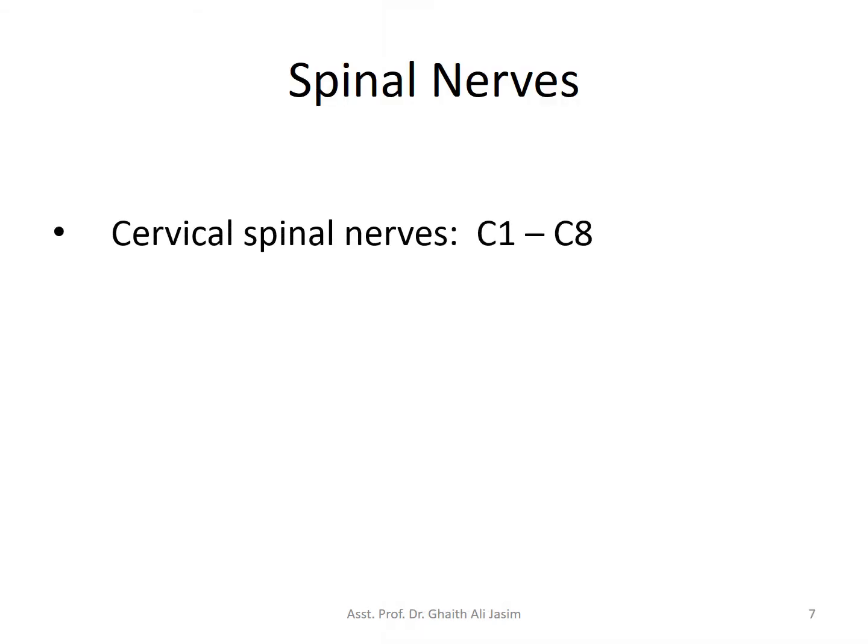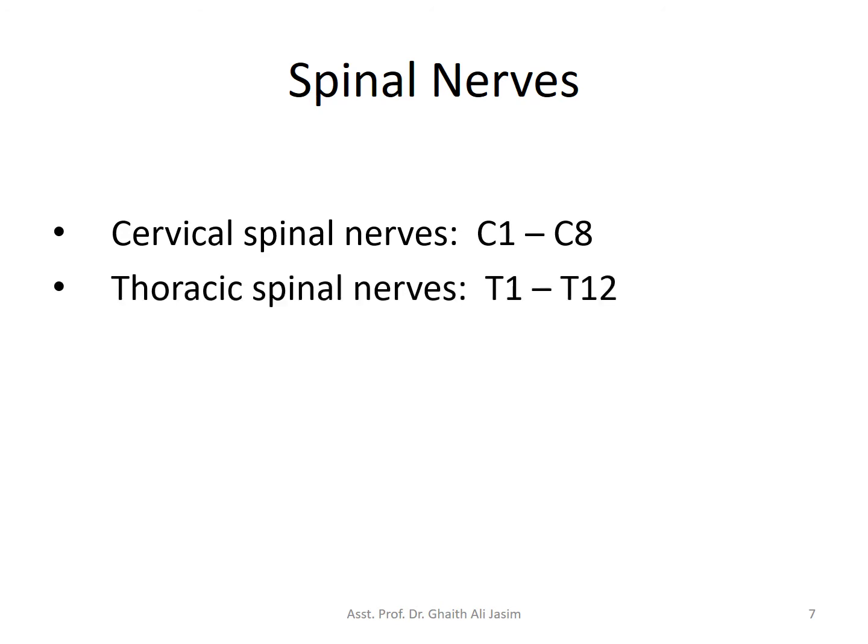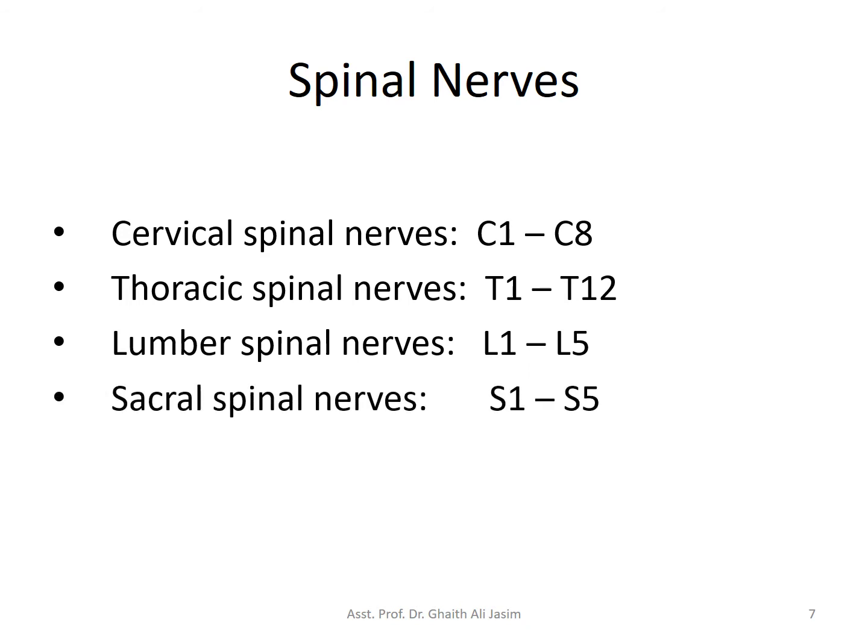The cervical spinal nerves are from 1 to 8, the thoracic spinal nerves from 1 to 12, the lumbar spinal nerves from L1 to L5, there are 5 pairs, and the sacral spinal nerves also from 1 to 5. Each carries the name of the vertebrae it passes through.